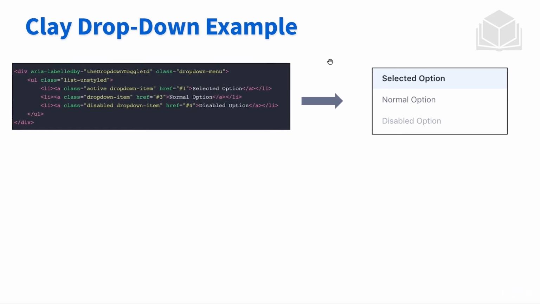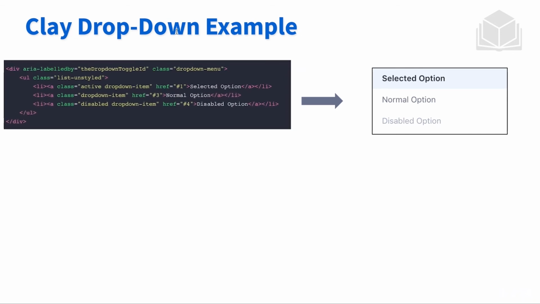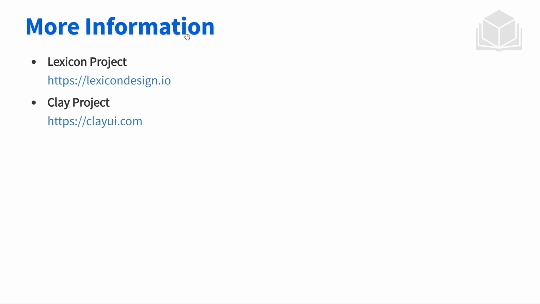Here's an example of the Clay dropdown. You can take a look at the HTML, and you can see here that we have this dropdown item parameter. We can use Clay to create these Liferay HTML dropdown options. Please check out lexicondesign.io for more information on Lexicon, and clayui.com for the Clay project.